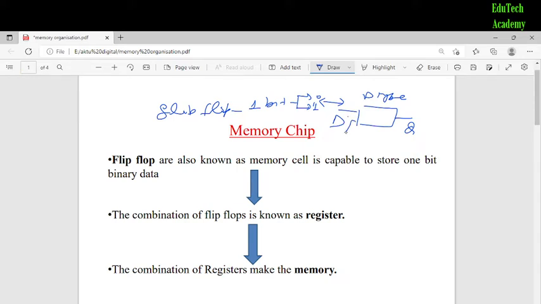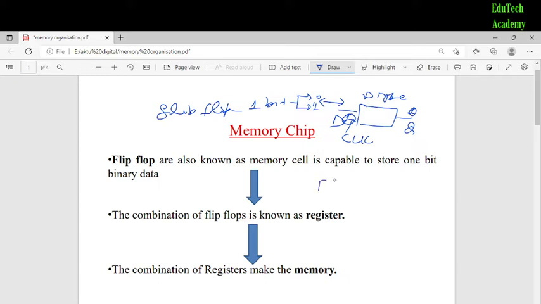If we provide one input to it, then it provides one output. When we apply a clock signal, if we apply zero input, then it provides a zero output. That's why it is used in memory chip.